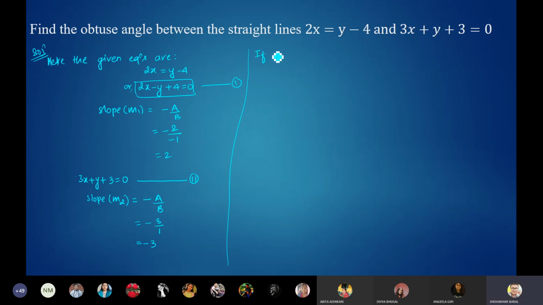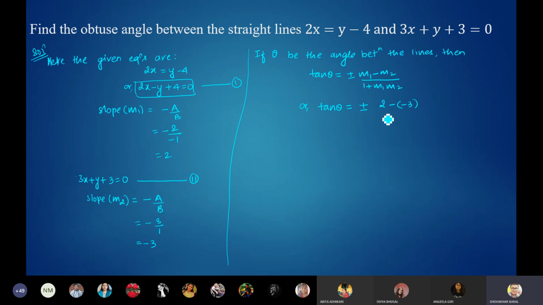If theta be the angle between the lines, then tan theta is equal to plus minus m1 minus m2 divided by 1 plus m1 times m2. So tan theta equals plus minus, m1 is 2 and m2 is minus 3, all upon 1 plus 2 times minus 3.